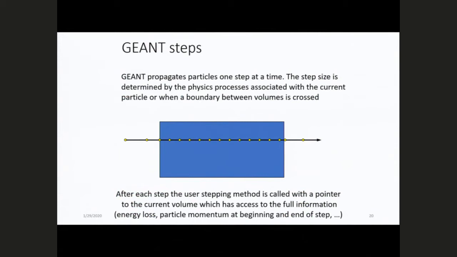So what you get is steps and the energy deposition within that step. After each step, the user stepping action is called with a pointer to the current step, which, as you also pointed out, has all the information you ever need. Energy loss, particle momentum at the beginning and at the end of the step, scintillation light if you want, ionization energy, you name it. Daughter particles, parent particles. So you've got the whole information over here.